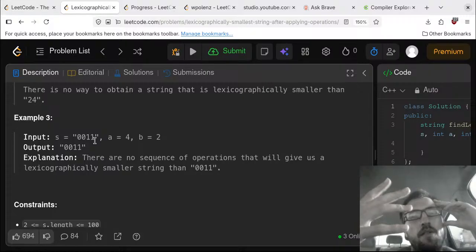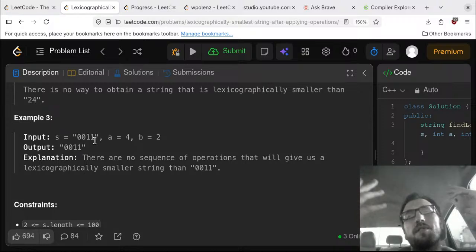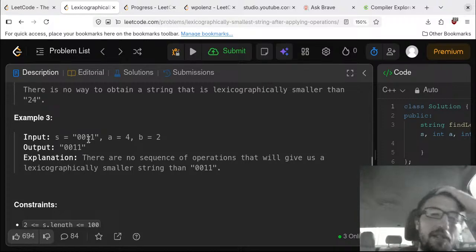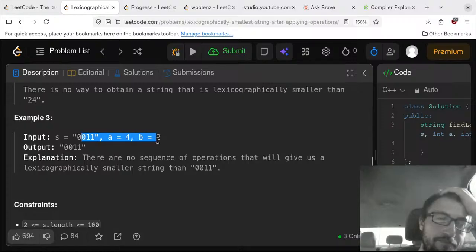Becomes 1, 5, 9, 3, 7, which 1 is already the smallest of all those possibilities. And then rotating obviously is not going to make it better and improve it.